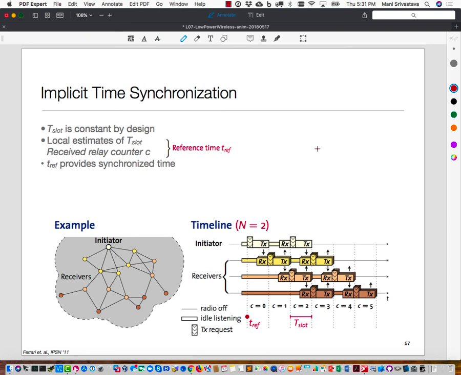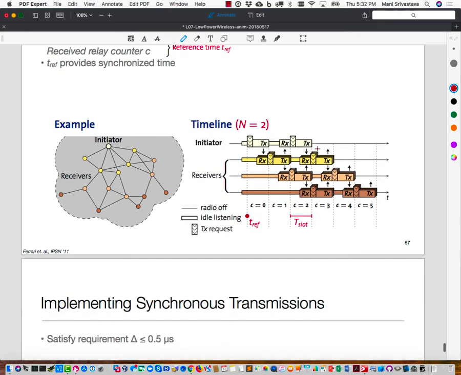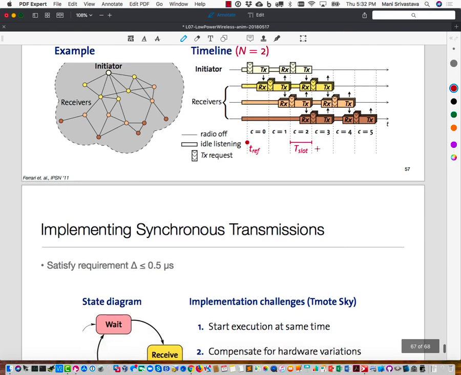So there is an implicit synchronization which is also happening, and moreover, you have to have a very predictable implementation of the whole code, because when you receive a packet and you're going to relay it, that has to be done in a very predictable manner. Predictable to half a microsecond in their work.